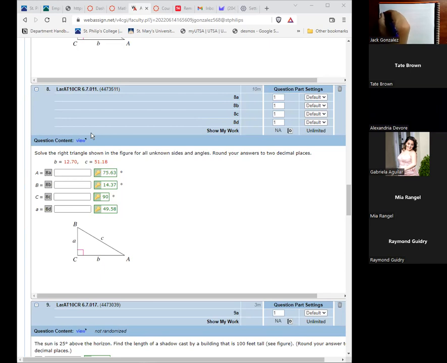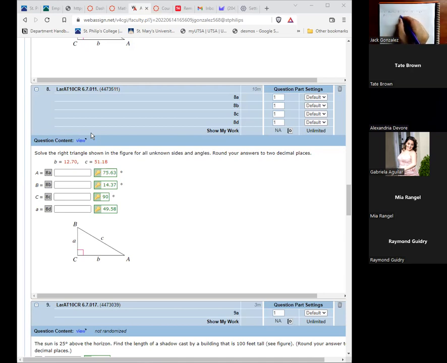Example 2. Problem 8. So they gave us solve the triangle of the instructions. I like to set it up this way.